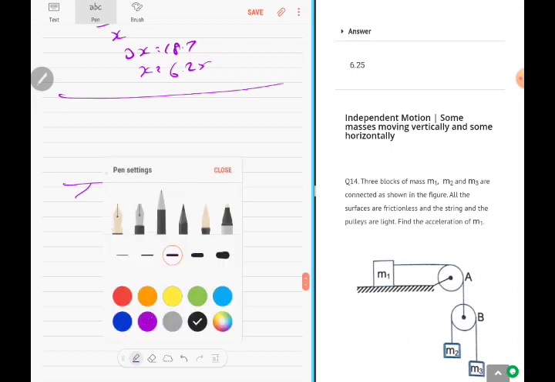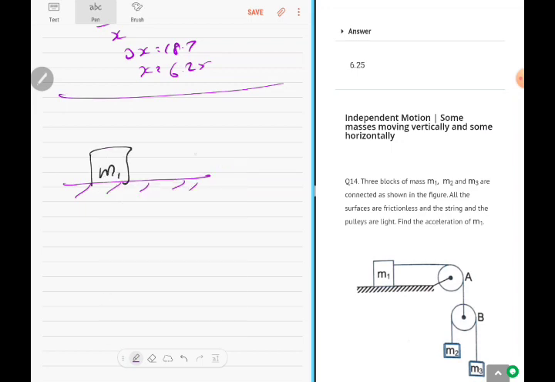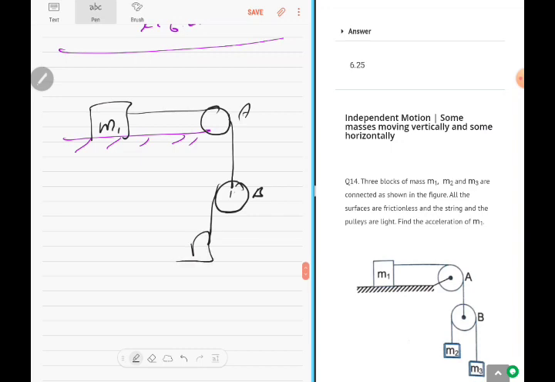There is a mass M1. There is a pulley here, and this goes like this. And there is a peculiar sum here. This is pulley A and this is pulley B. And in pulley B, you have two masses, M2 and M3. Considering M3 is heavier, because the diagram shows that way, it's going to move like this.